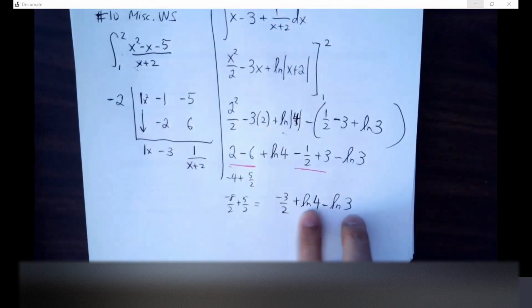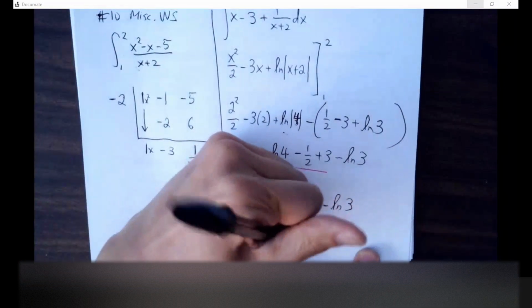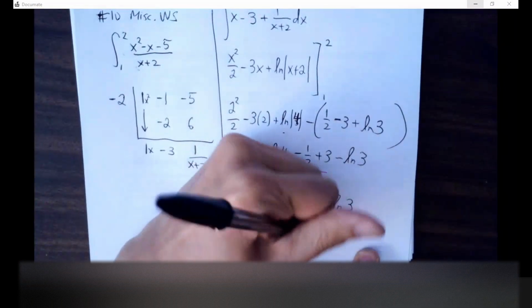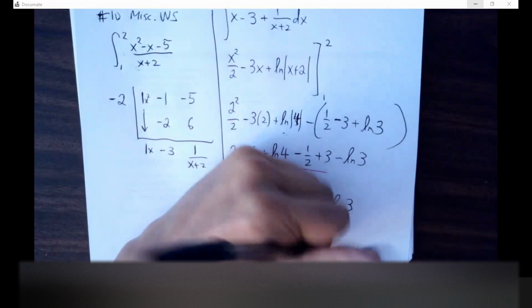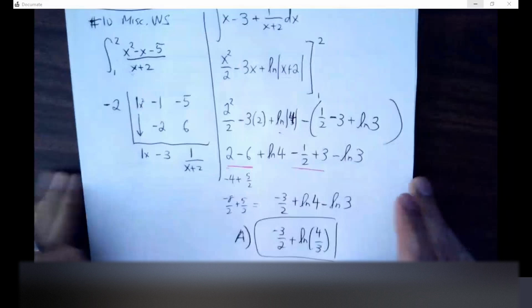Now the answer choice is cleaning this up a bit more. We're going to use quotient property here. Answer choice A.